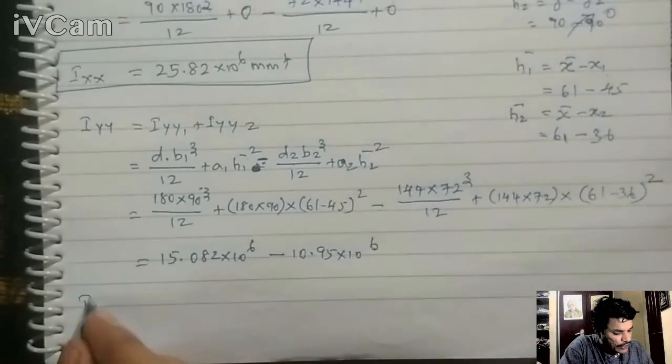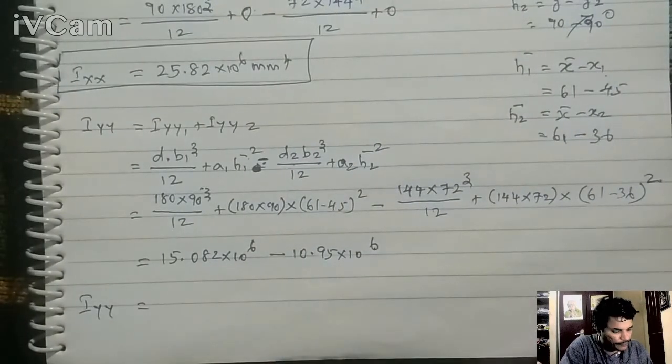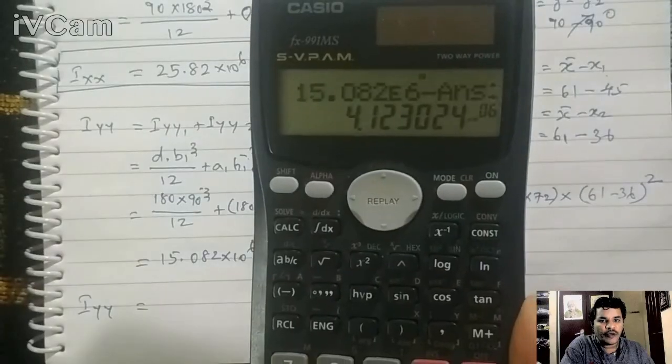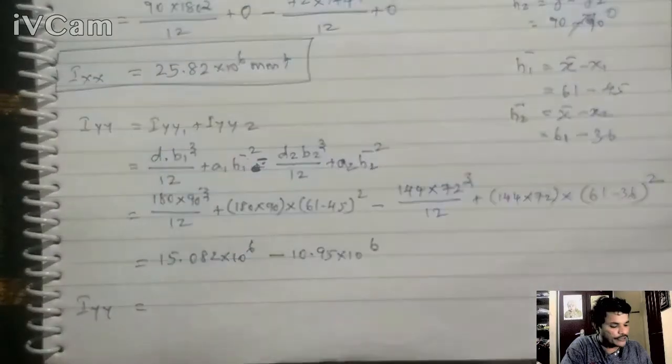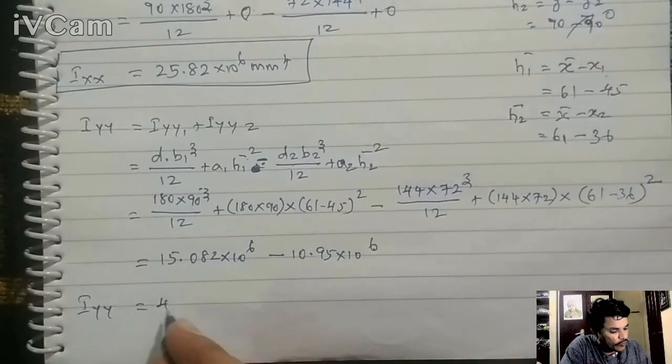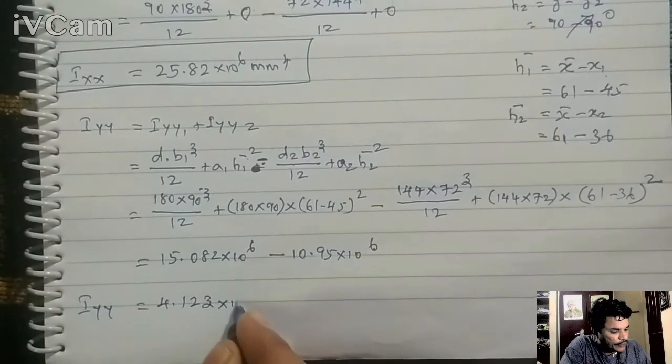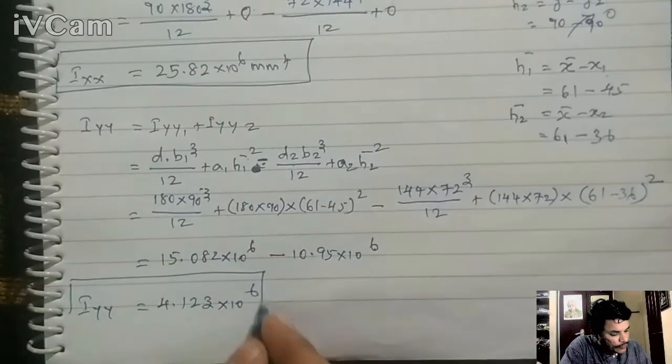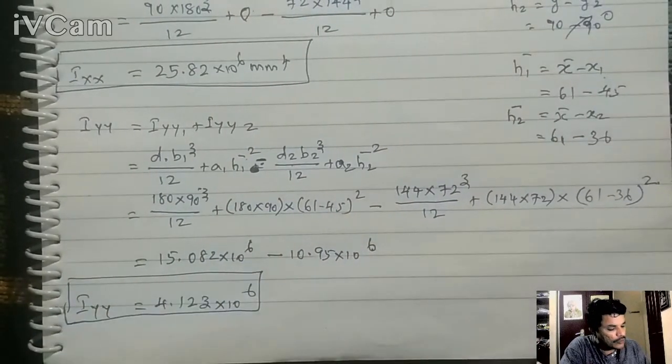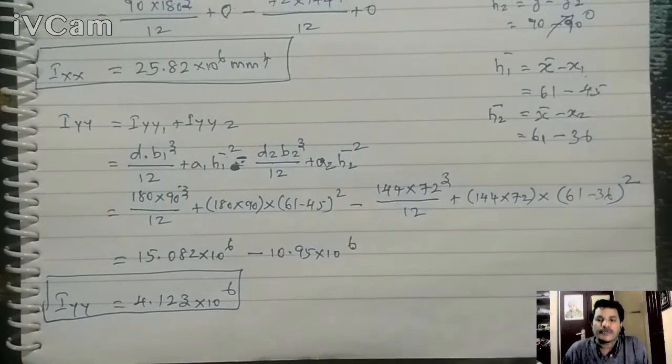So finally the IYY value is 15.082 into 10 power 6 minus 10.95 into 10 power 6. This value is 4.123 into 10 power 6. This is the moment of inertia about the y axis.